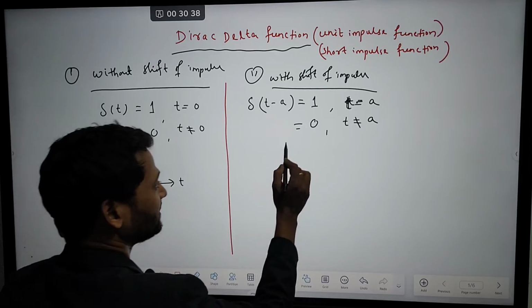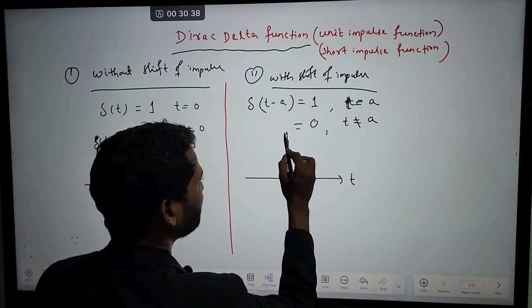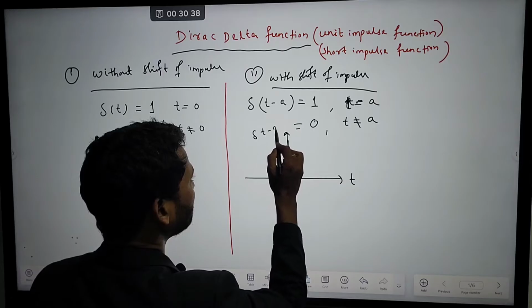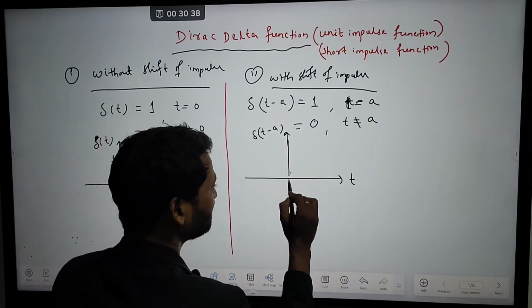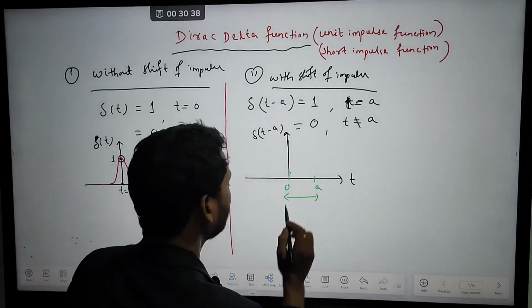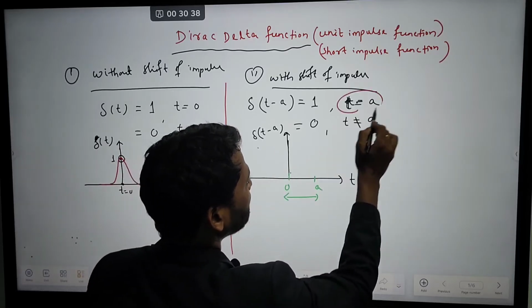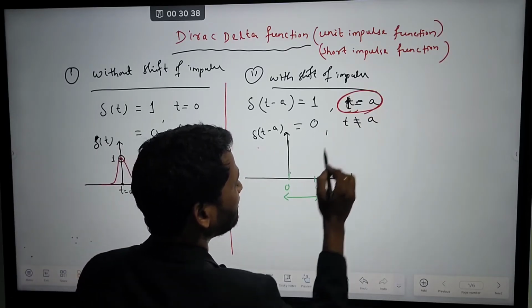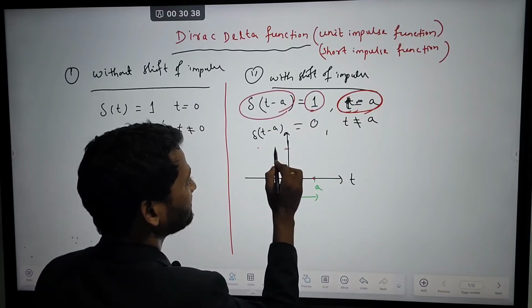So if we plot the graph, in x-axis we take t, in y-axis we take del t minus a. First we shift, let us say this point is a, इसमें shift हो गया. When t is equal to a, delta t minus a is 1.